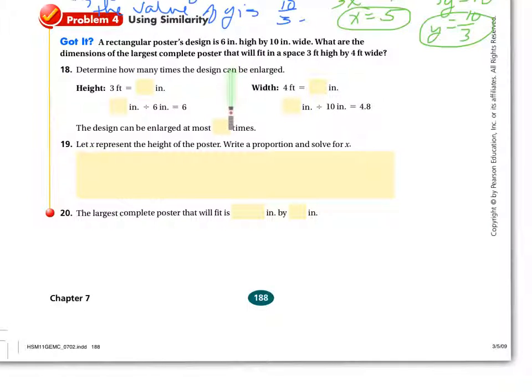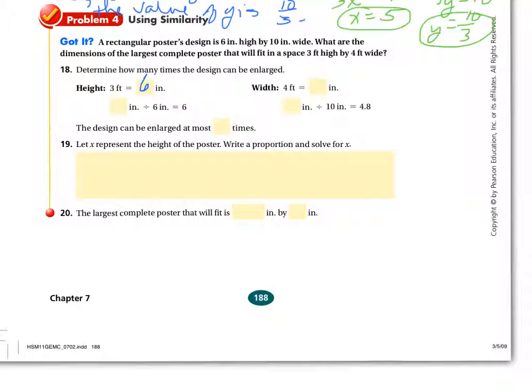How would you know? Because it says 3 feet is the length. Well, 3 feet versus 4 feet, isn't 3 feet the smaller number in the 3 feet and the 4 feet grouping? And so you would choose a smaller number over here to go with that. So if they hadn't told you, you need to correlate the smallest figure with the smallest figure and the largest with the largest. So for this one, we're going to have 6 inches.